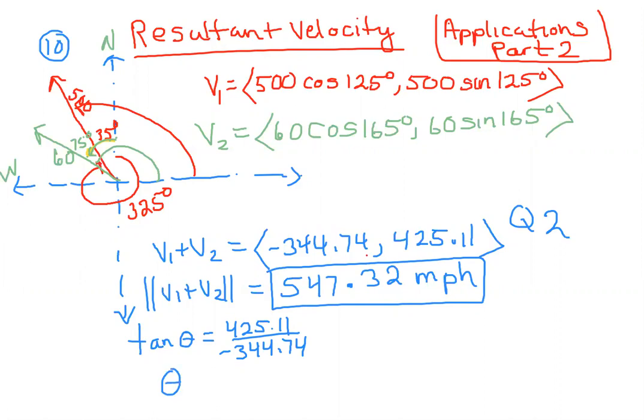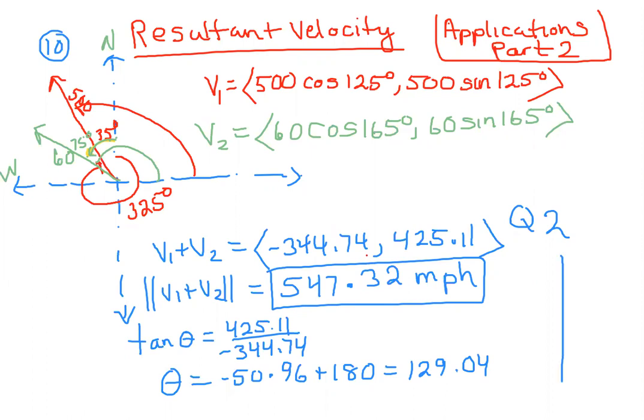So we're going to have to find our angle from the calculator: 425.11 divided by negative 344.74, and you get negative 50.96, but we have to add 180 to that. And so we get 129.04. But it's asking us for a true bearing.